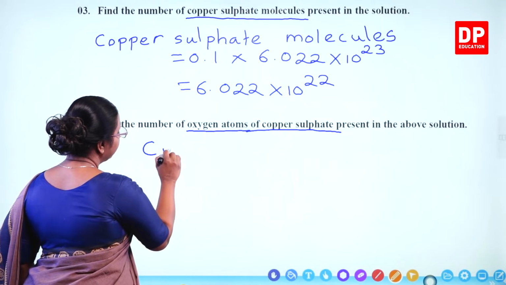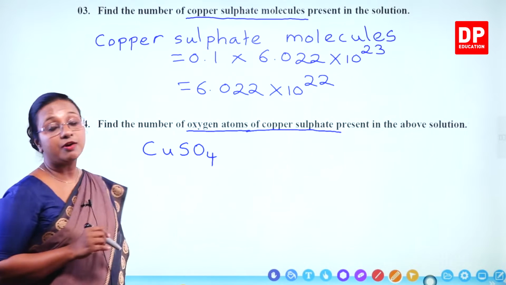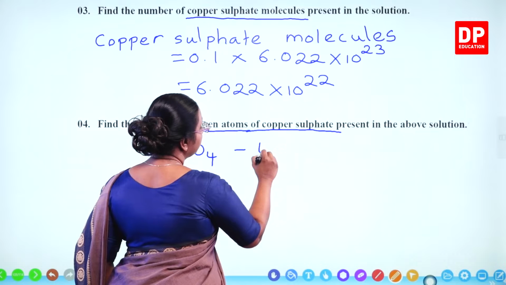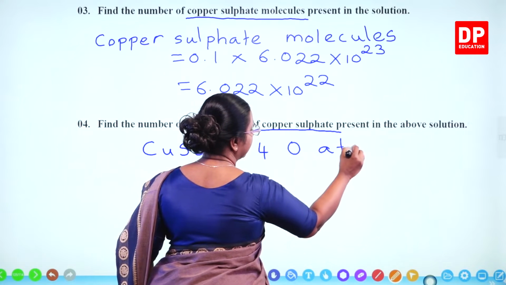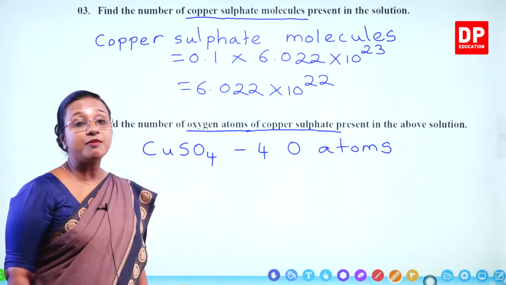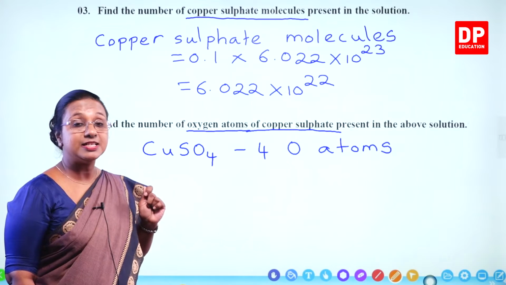What is copper sulfate? CuSO4. So if you take one molecule of copper sulfate, how many oxygens are there? There are 4 oxygen atoms. Now we have found the number of molecules of copper sulfate that is present in the solution.